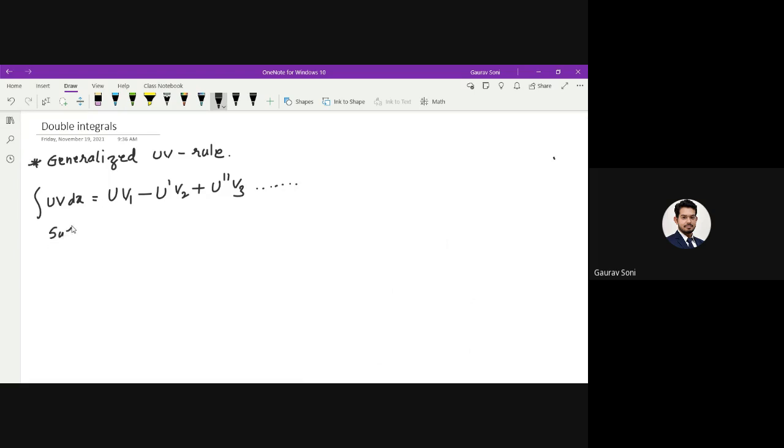The suffix represents the number of derivatives.